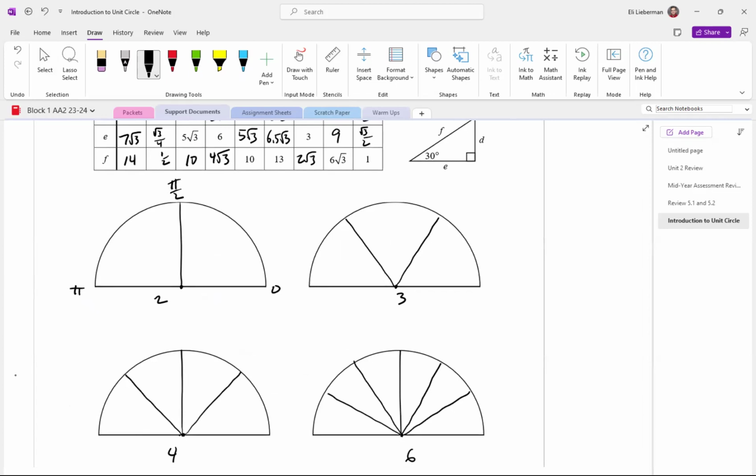Because that pi is being cut into 2 slices, so we have pi over 2 and pi. Do the same thing in the next one. We have 0 over here. I know that this is pi, but each one of those cuts, do you see what the first one would be? Check with your neighbor. What would be a good radian measure to put right here?